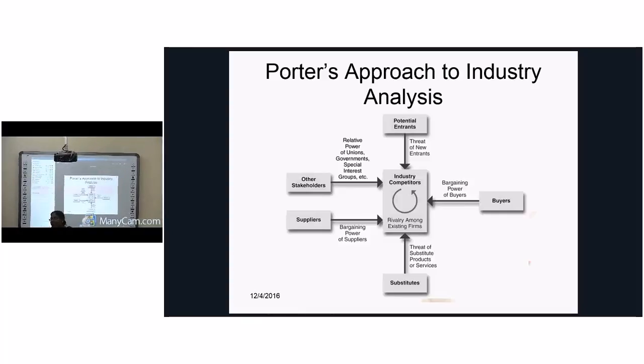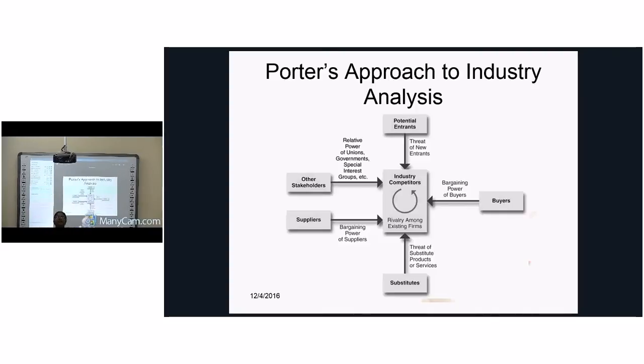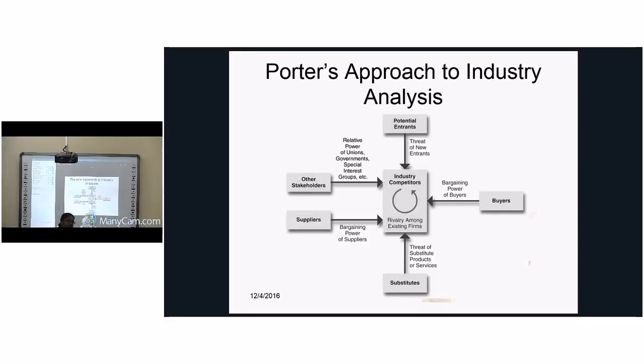Who are these forces? Potential entrants: new companies entering the market, meaning new companies entering the same industry. They exert power over you and your competitors.